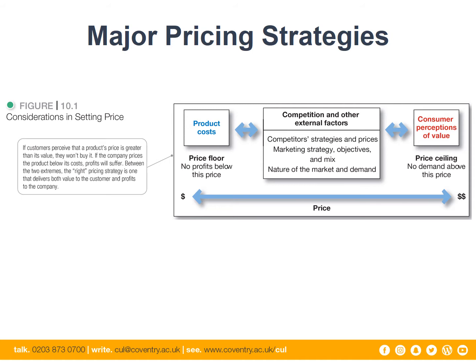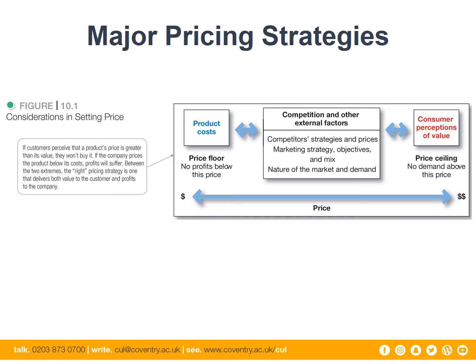We need to look at the marketing strategy for your company in terms of segmentation, targeting, positioning, and also the value proposition within the marketing strategy. Objectives and the marketing mix as well. The standard marketing mix, the product, price, place and promotion, and then the extended marketing mix, product, price, place, promotion, people, process and physical evidence. And then the nature of the market and demand.